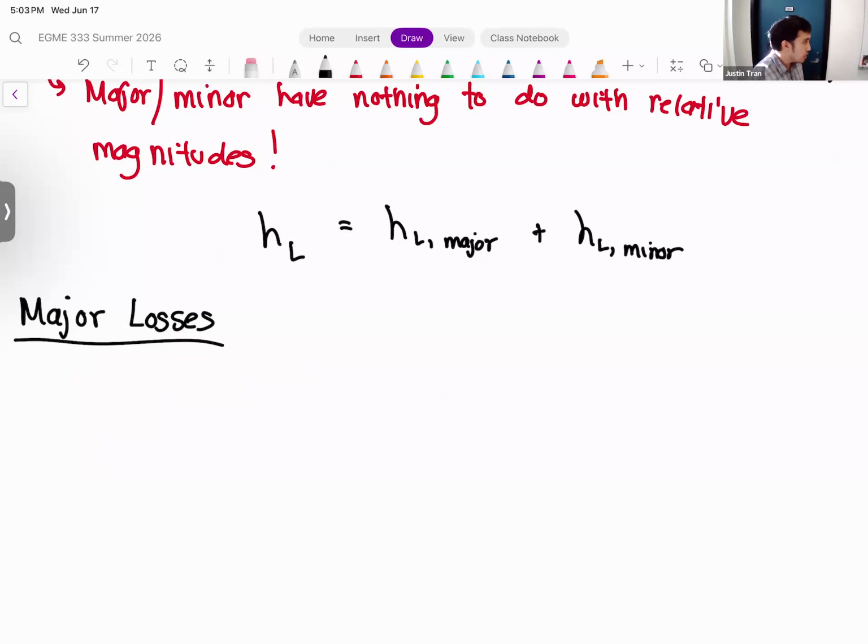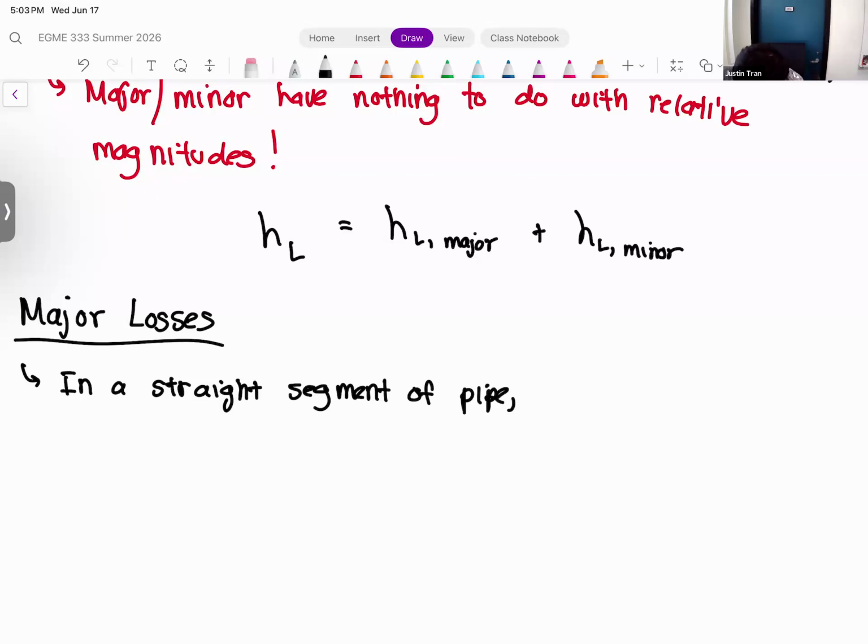Now, if we were to do a dimensional analysis, we would obtain the following relationship for the pressure drop in a straight segment of pipe.